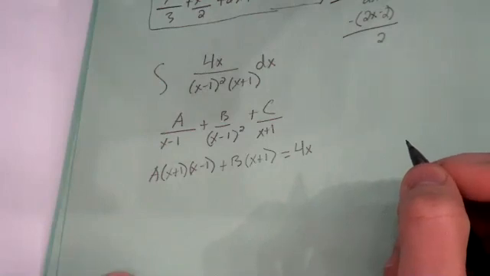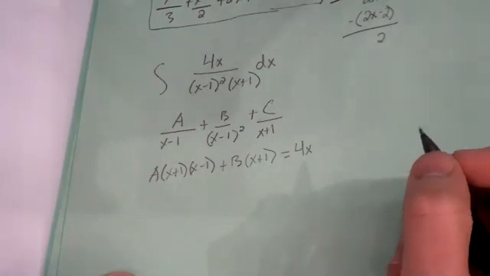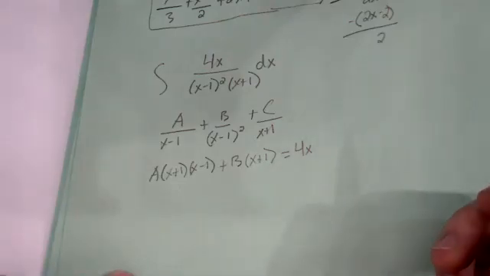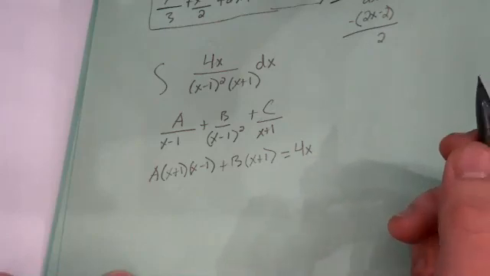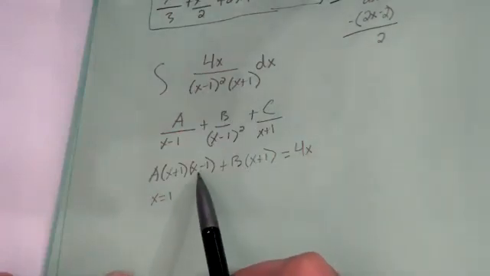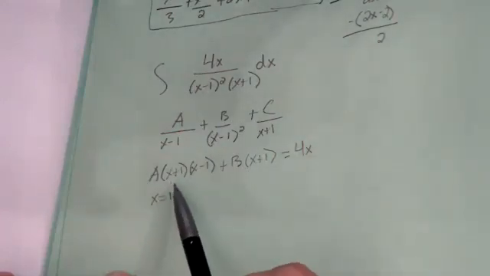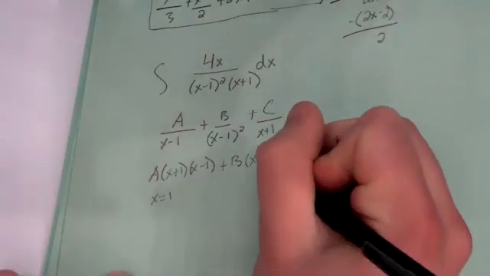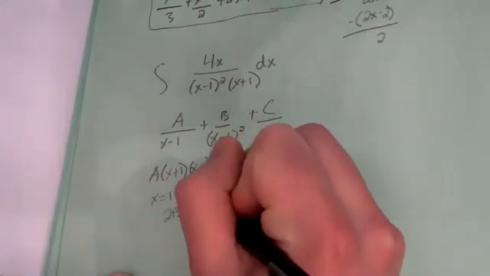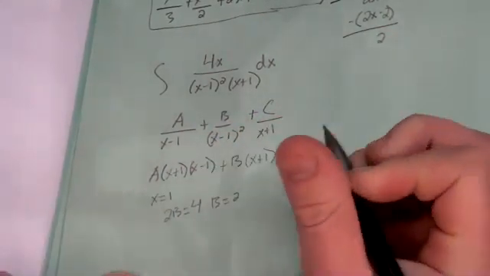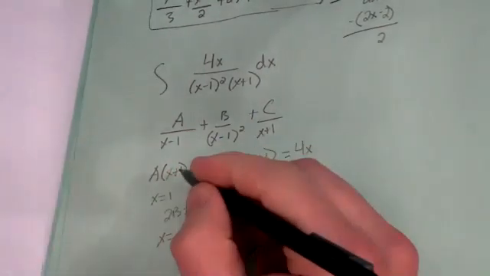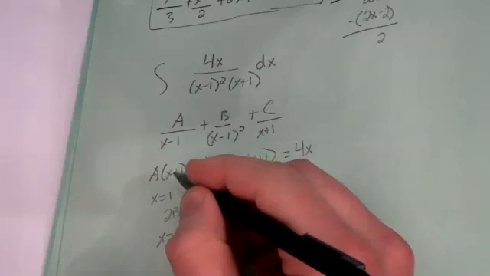So now we have to solve for a and b, and the easiest way to do this is make each term cancel out one at a time if we can. So if we set x equal to 1, then this term here is just 0. So all of this goes to 0. So that would mean that we have 2b equals 4 times 1 is 4. So b is going to be 2. And then for x equals -1, that makes each of these terms become 0.